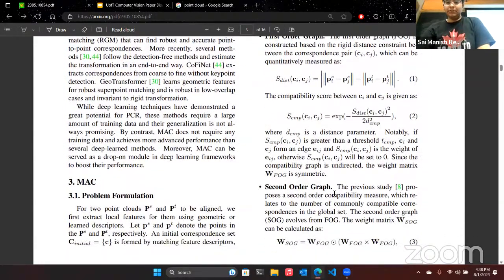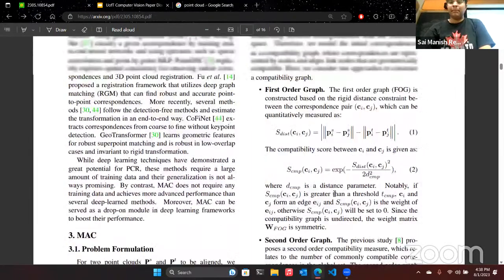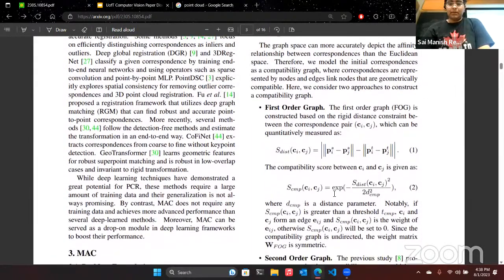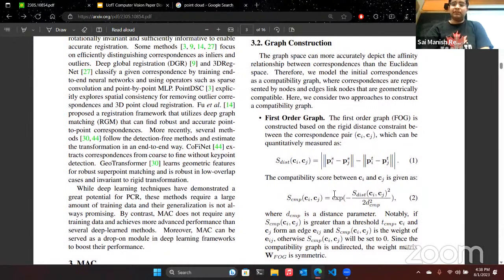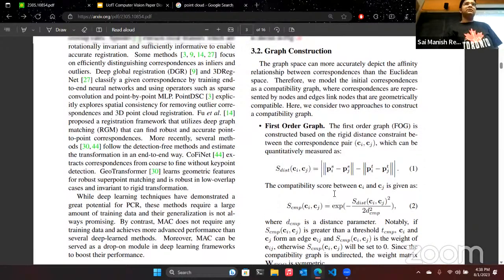Another method is to use the set C i, C j, just some arbitrary C1, C2, let's say. These two points correspond to C1 and these are C2.